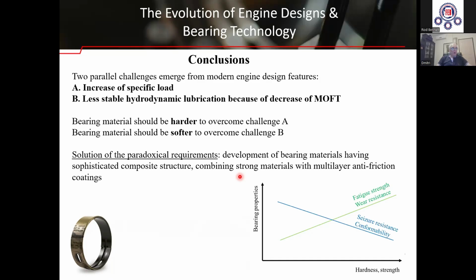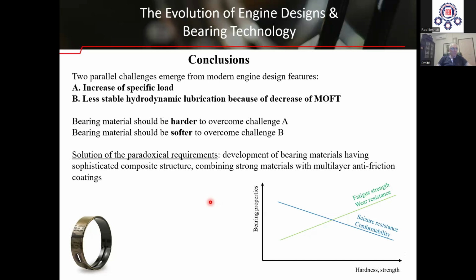In order to overcome the challenge A, the bearing material should be harder. In order to overcome challenge B, the bearing material should be softer. You remember this graph. So in the modern bearings, in the modern engines, the bearings should be harder and softer.